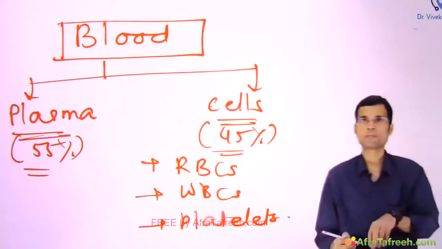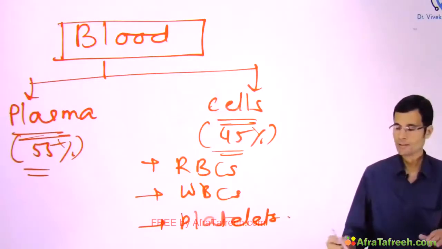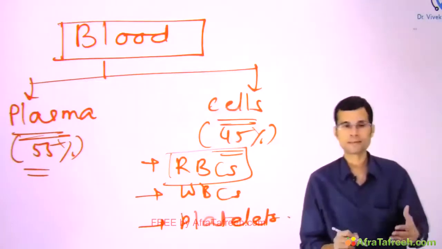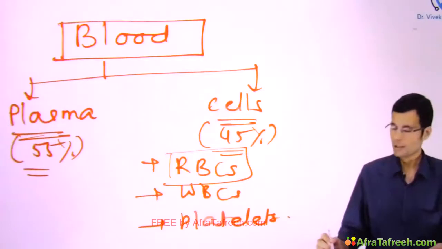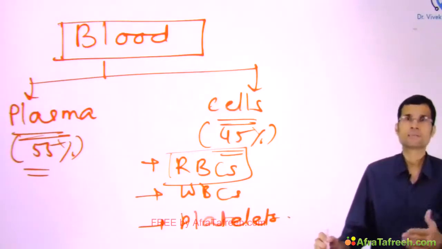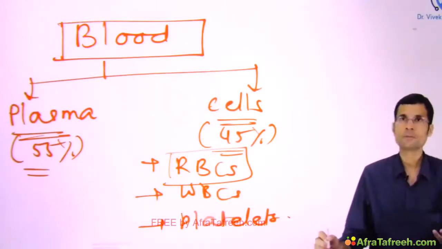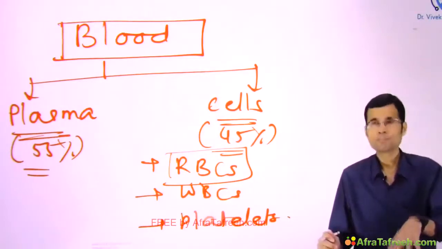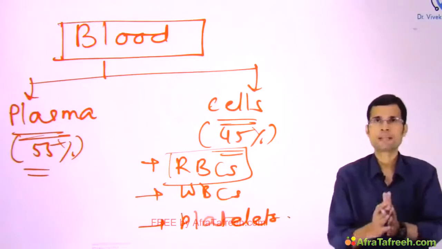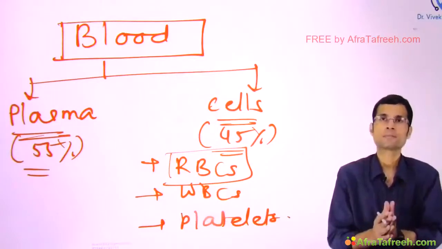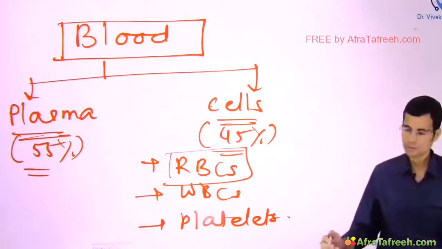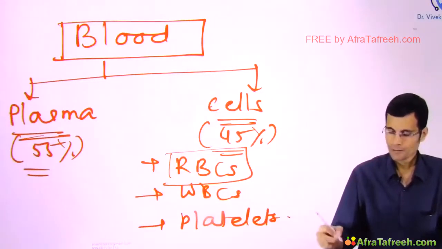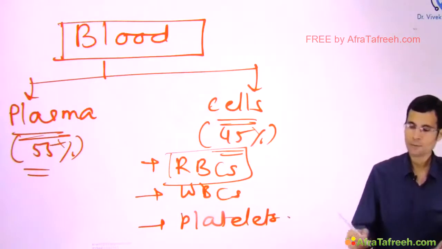Plasma, mainly the plasma proteins, then the RBCs, erythropoiesis and the factors influencing erythropoiesis, then WBCs, formation of WBCs and their functions, platelets and the formation of the platelet plug, and then the clotting mechanisms. Finally, we will discuss the blood groups. Let's start with the first small topic, the plasma proteins.